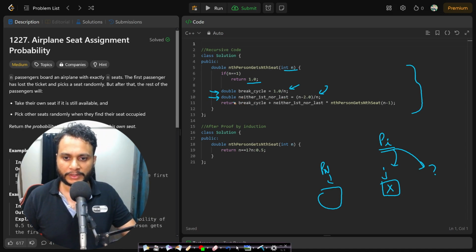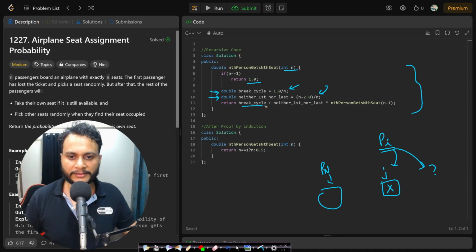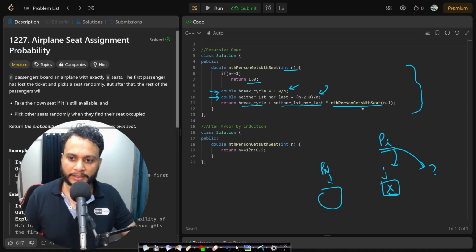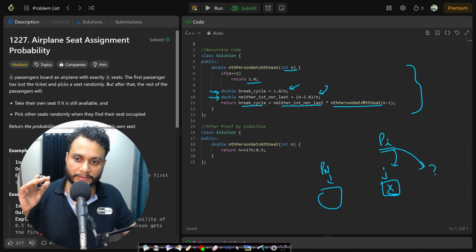Now once you have calculated them both, then you need to add up the conditions, like breaking the cycle, right? If the current item is getting to its correct position, plus he has to take any random seat other than the last person's seat and his own seat, and that is multiplied by the solution for the other people's assignment.